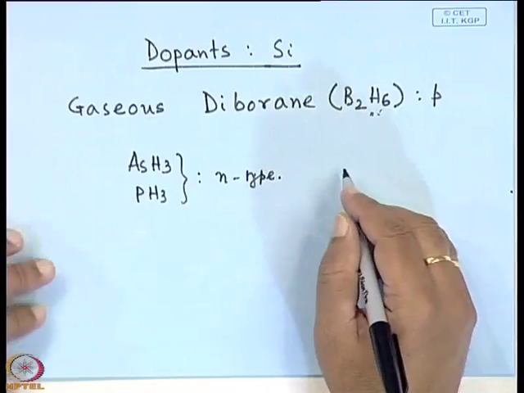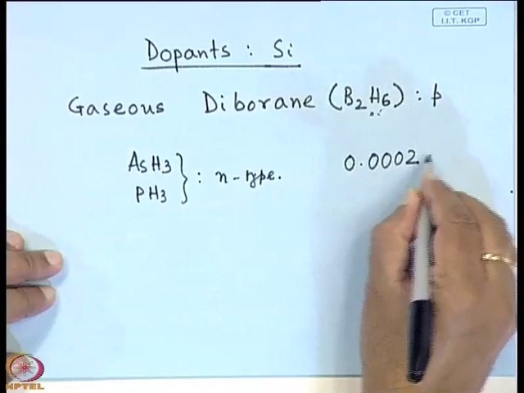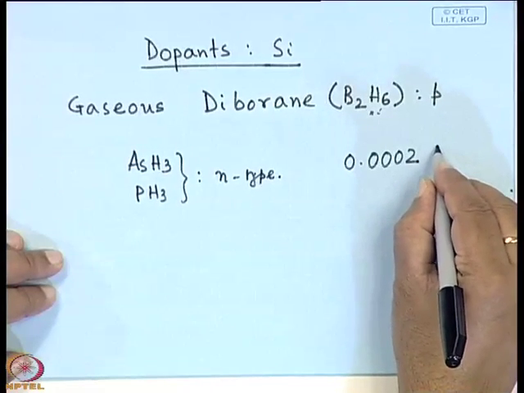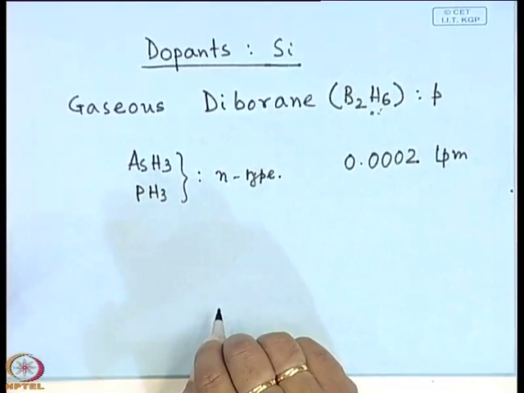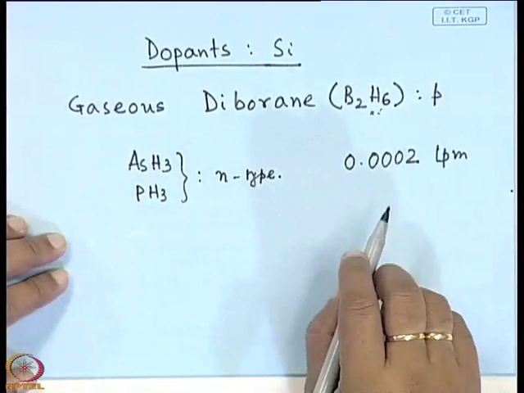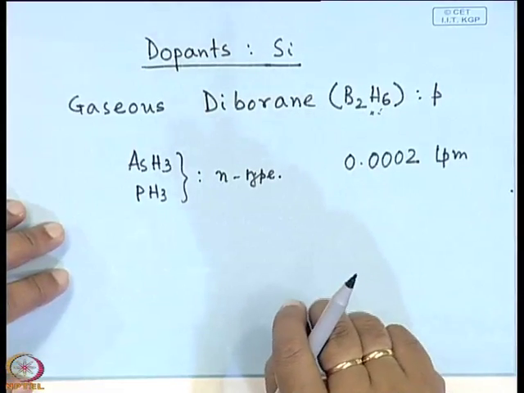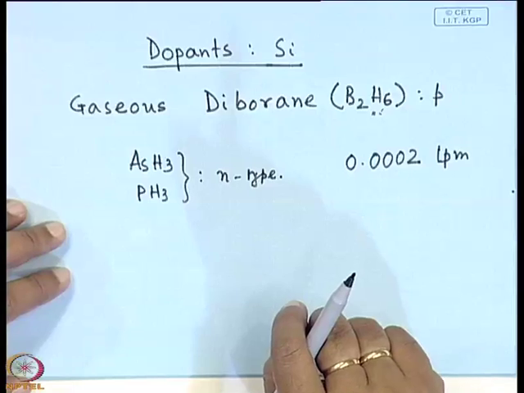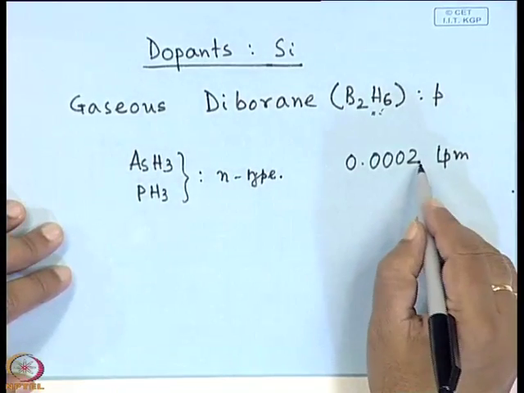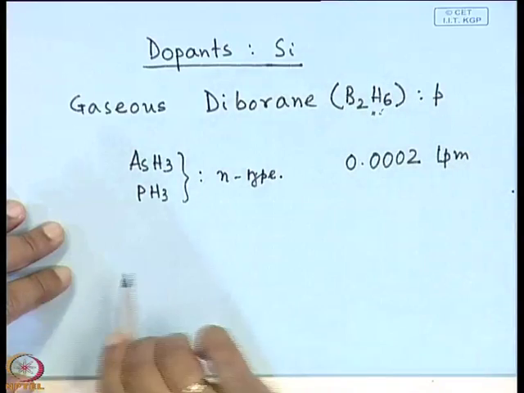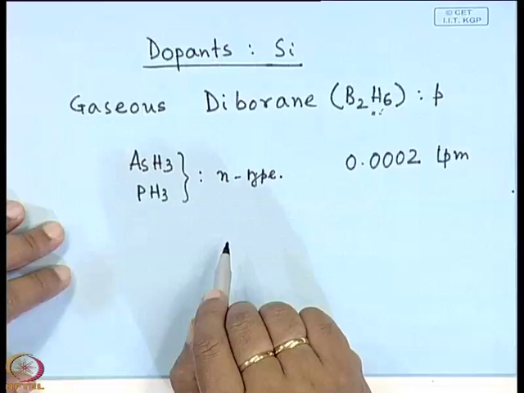Suppose without dilution, say 0.0002 liter per minute is required. Controlling 0.0002 is very difficult, even if you have a very good mass flow controller, because of the practical limitation of the mass flow controller. But if you dilute it by 10 to the power 4, then it becomes 2 LPM.